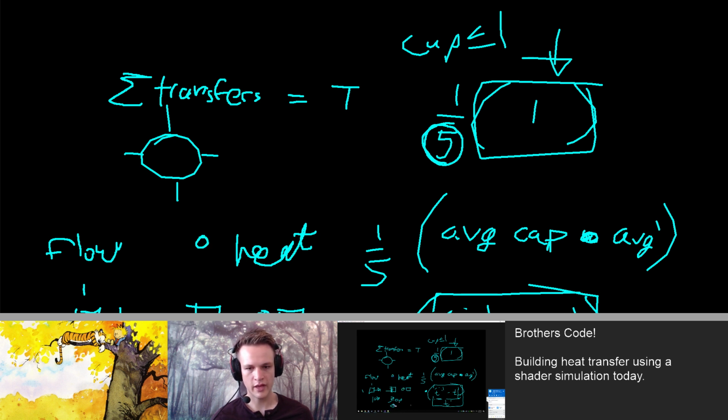With an average capacity of 1 to flow in each of these directions, that's the worst possible case, which means that each of these you'd have a 300 delta, but it'd be 300 times a fifth, so that's three fifths of the normal flow, which is the same as the normal flow problem. Which means that the flow to here is strictly less than that amount, which means that we're fine.